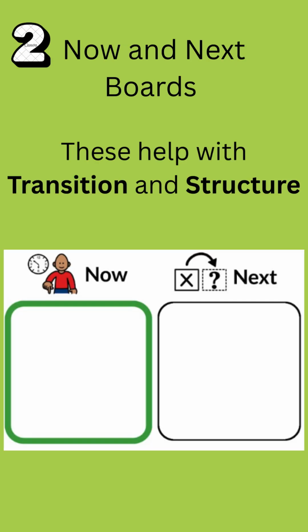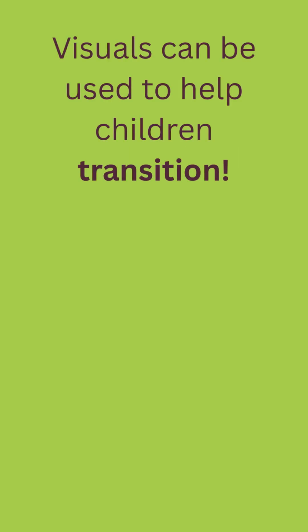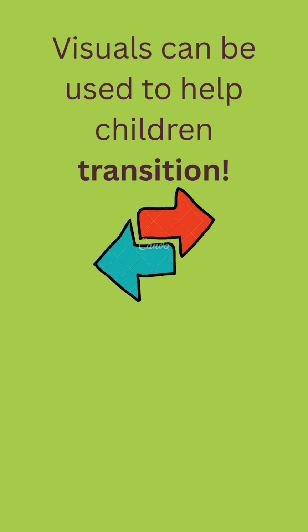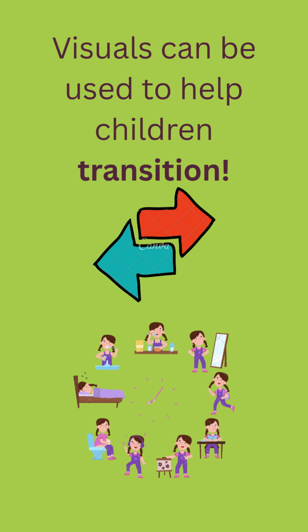Now let's move on to the second visual strategy we're going to look at in this video, which are now and next boards. Visuals can support children to smoothly move from one activity to another, for example, from playtime to lunchtime.